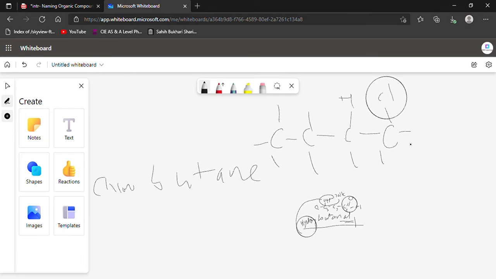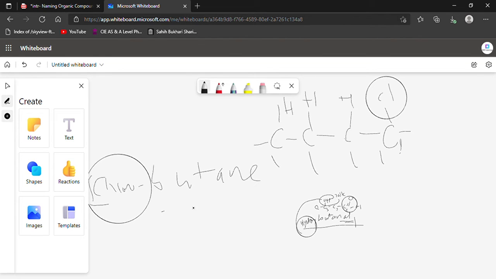If you want to put the position, the locant, as this is an alkane with no special functional group and only single bonds, you can consider the shortest route to the position of this functional group from here. So you can just write 1-chlorobutane. That is how you name the prefix.